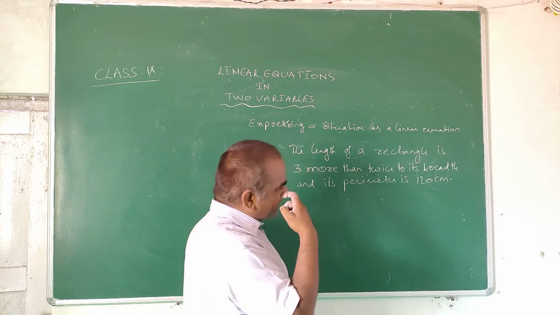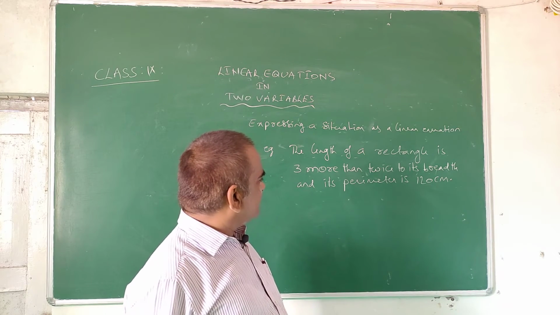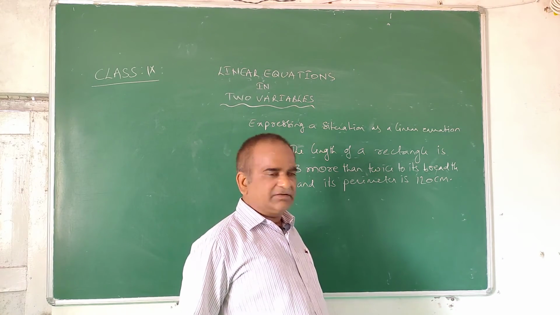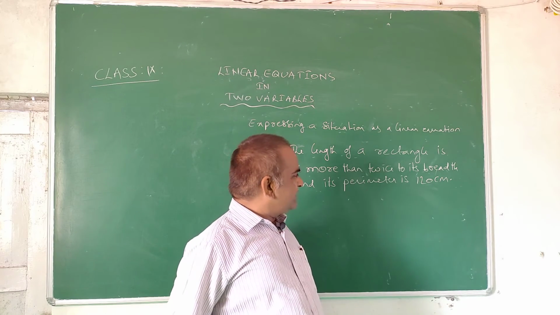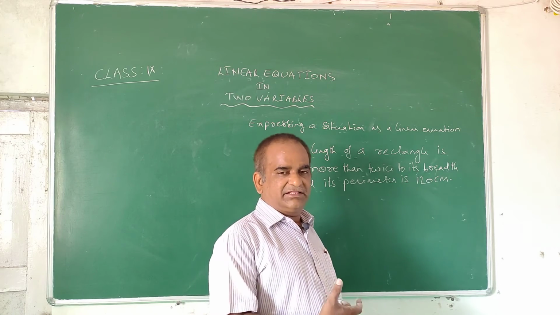Suppose this kind of situation is there. The length of a rectangle is 3 more than twice its breadth, and its perimeter is 120 centimeters. Suppose there is a situation like this.